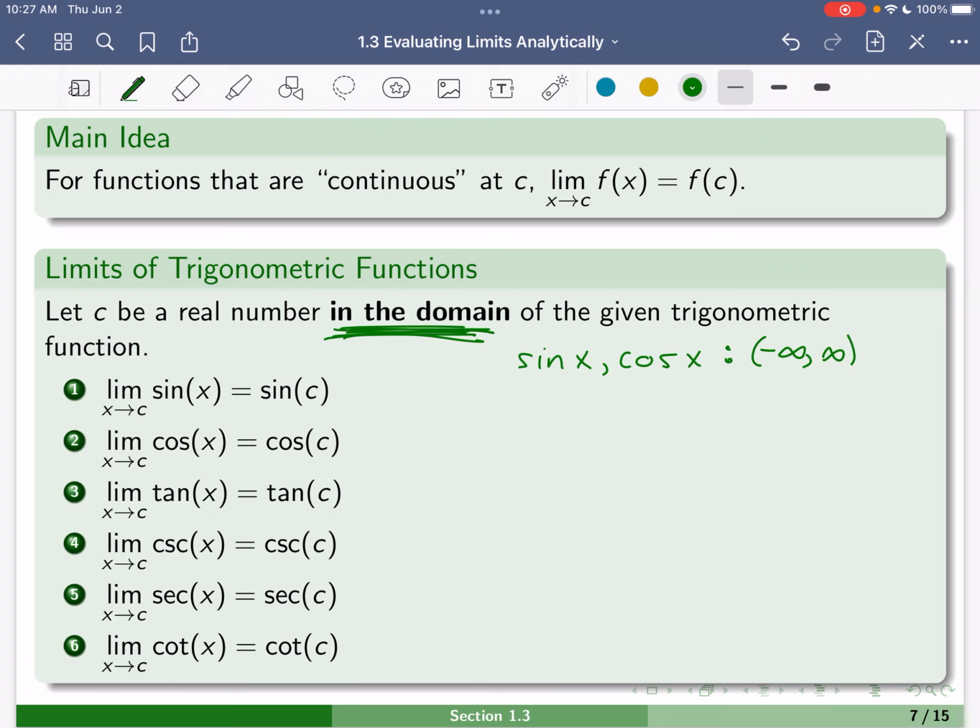When we have secant and tangent, the domain is all of the real numbers except for the places that would cause cosine to be 0, and so except for the odd multiples of pi over 2.